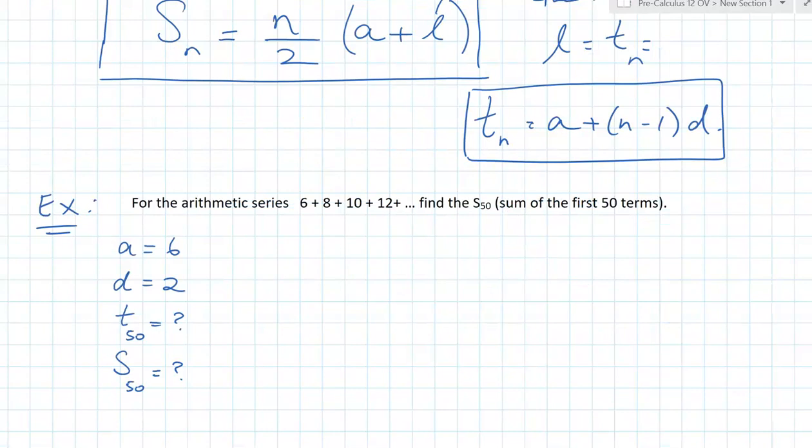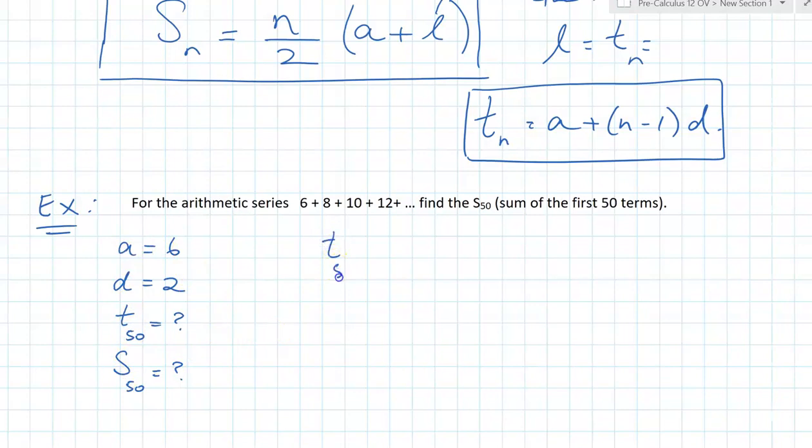Okay, so here's a question. For the arithmetic series 6, 8, 10, 12, find its S50, or the sum of the first 50 terms of the series. Notice that this series doesn't have your 50th term written here for you. So when you write up all the information in a column form, notice that T50 is missing, so it would be easy to start with T50.